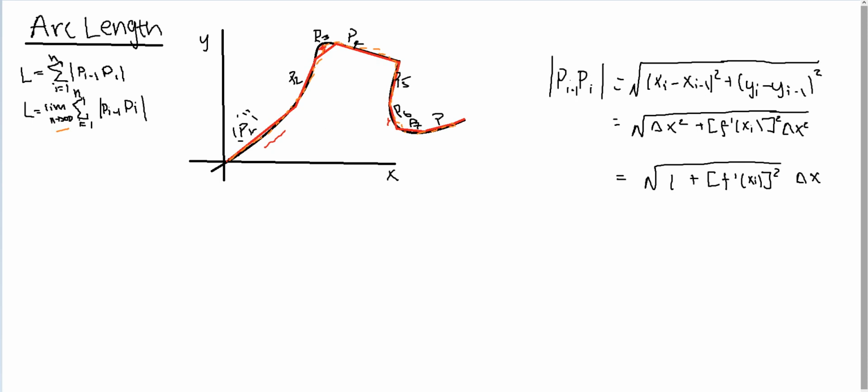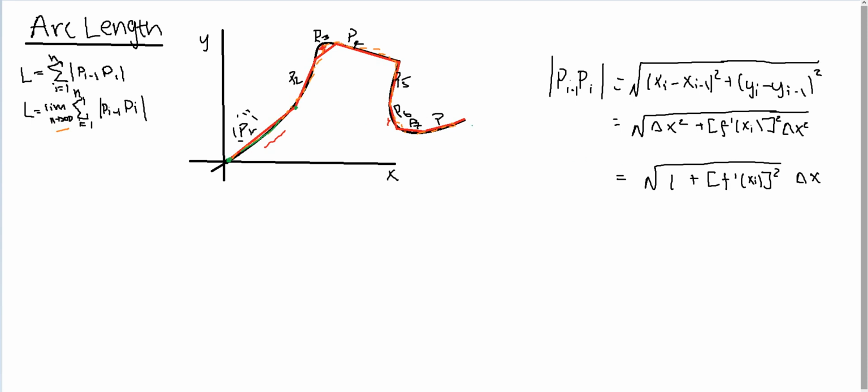All we're doing is subtracting this coordinate here from this coordinate here, the endpoint, to find the length of our segment, which is going to give us |P_{i-1}P_i|.